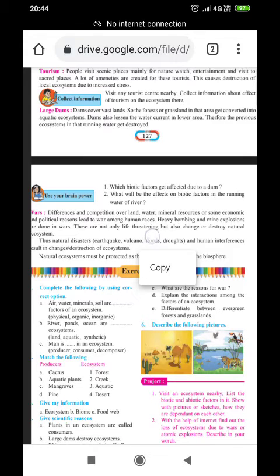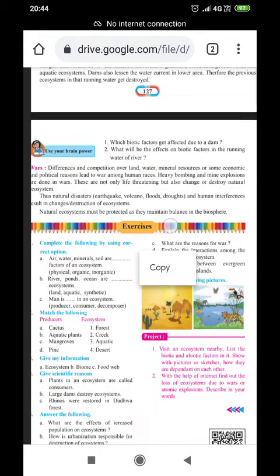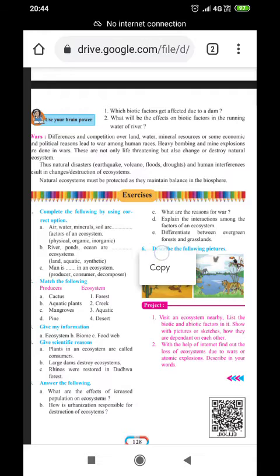Another factor responsible for diminishing the ecosystem is war. Differences in competition over land, water, mineral resources, or some other economic and political reasons lead to war among human races. Heavy bombing and mine explosions are done in wars. These are not only life threatening but also change or destroy the natural ecosystem.